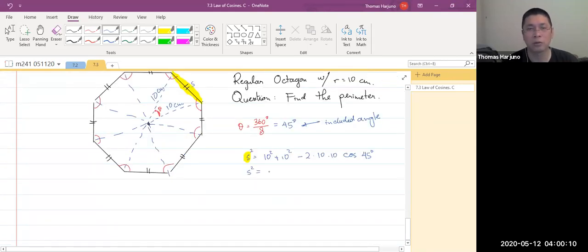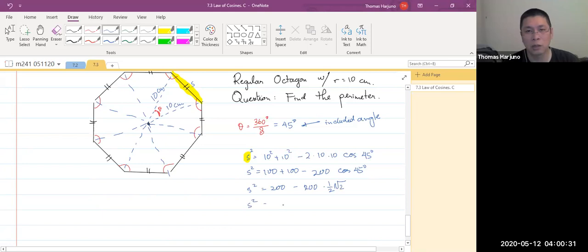S squared equals 100 plus 100 minus 200 cosine 45 degrees. S squared equals 200 minus 100, this is 200 times 1/2 radical 2, right?